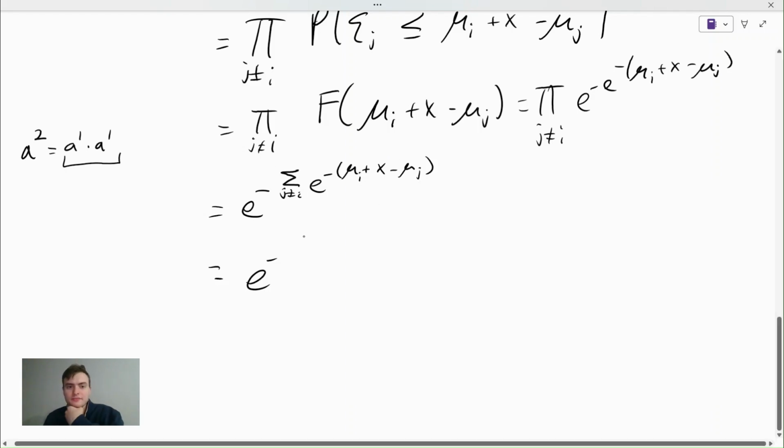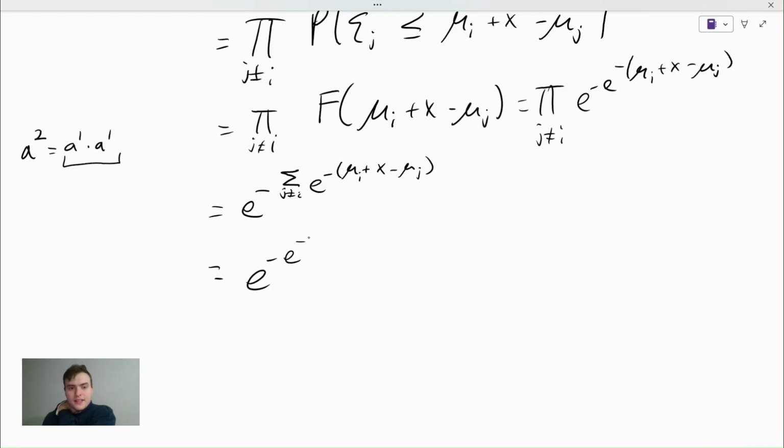So each time we're going to be doing e to the negative x. So minus e to the negative x times the summation over j not equal to i of e to the mu_j minus mu_i. Yeah, that's the right signs.